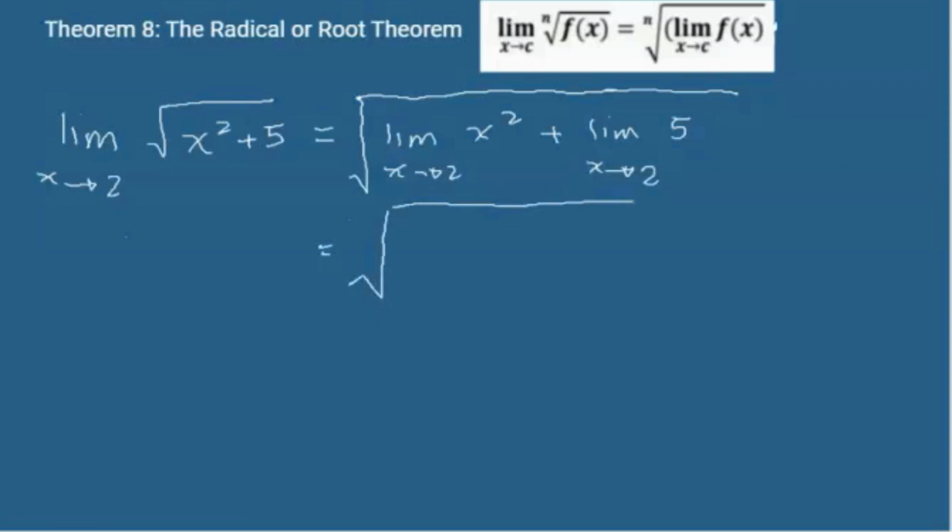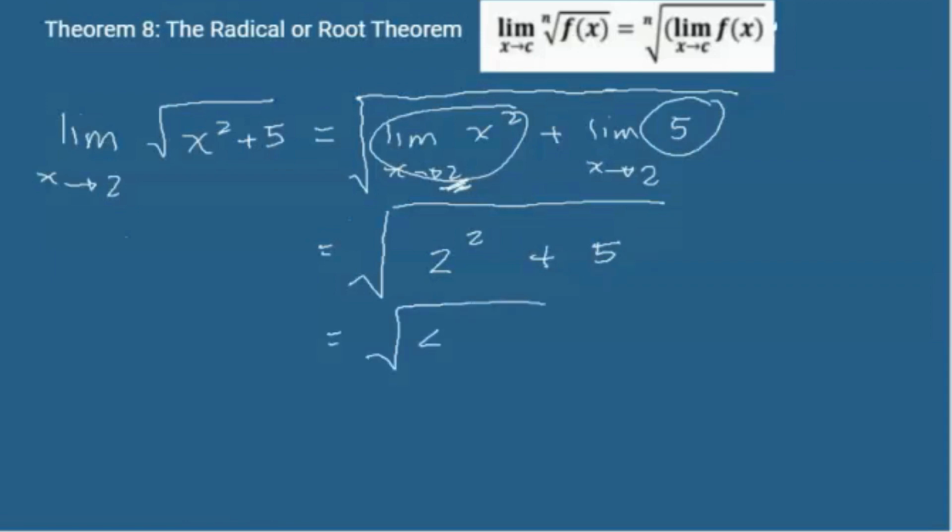So square root of, so this one, x squared, we substitute our x as it approaches 2. So that would be 2 squared plus, this is limit of a constant, so that's 5. So we have 2 squared is 4 plus 5, which is the square root of 9, and that is equal to 3.